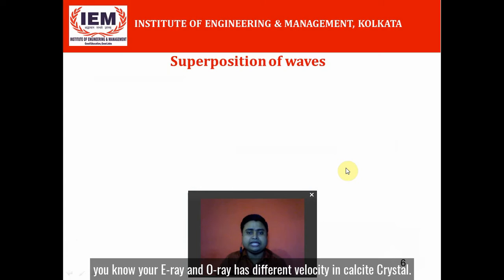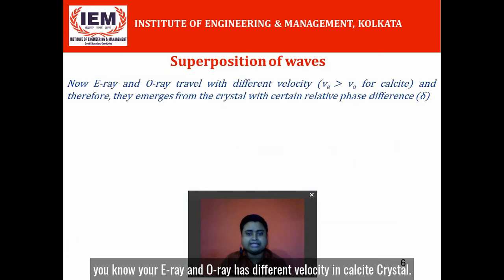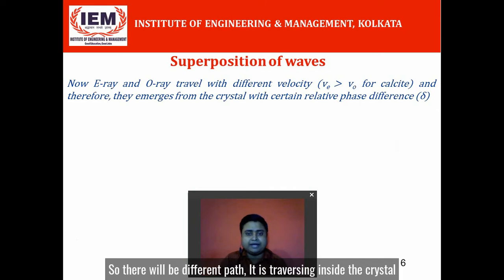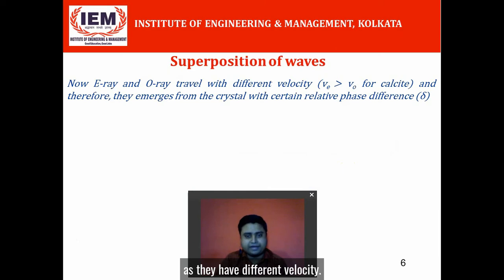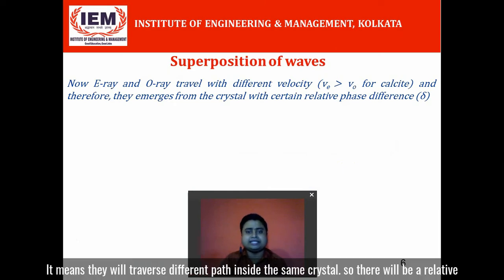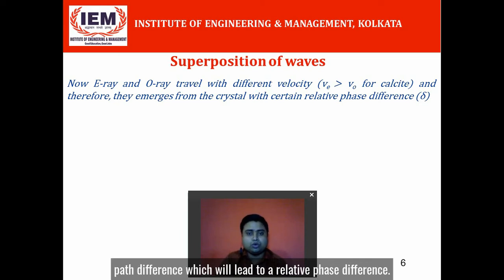Now you know your E ray and O ray have different velocities in the calcite crystal. As they have different velocities, they will traverse different paths inside the same crystal. So there will be a relative path difference, which will lead to a relative phase difference. You know path difference and phase difference are connected.